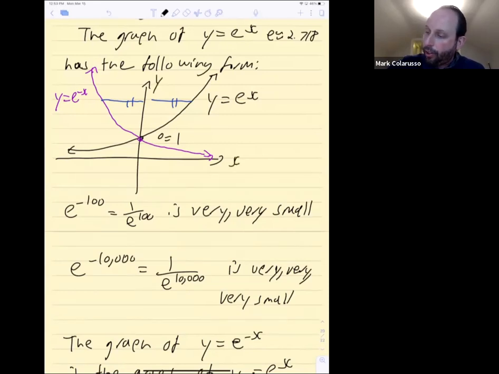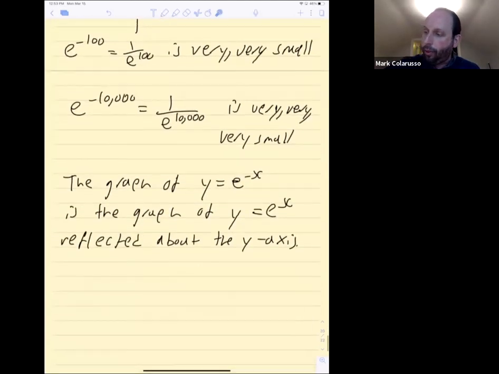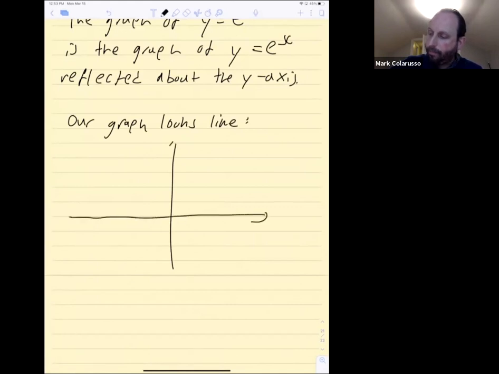And so for us, we have the graph of e to the minus x, and we want to draw the tangent line at approximately -2. So our graph looks like the following. So this is 0.01.